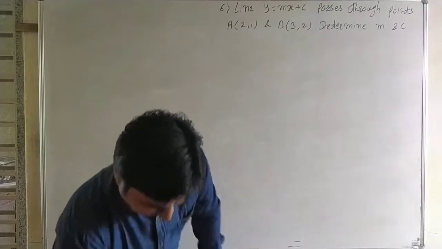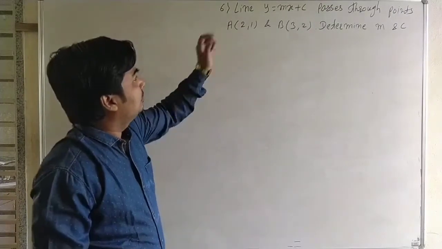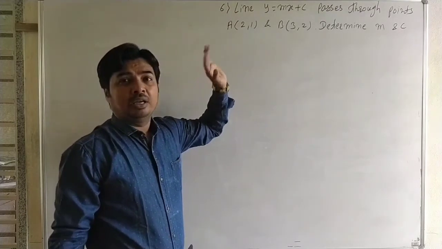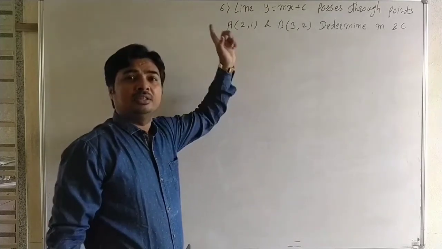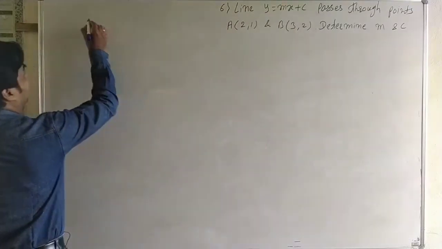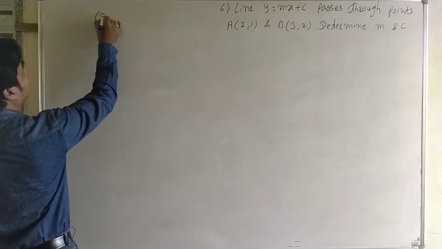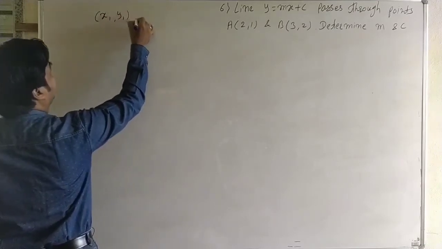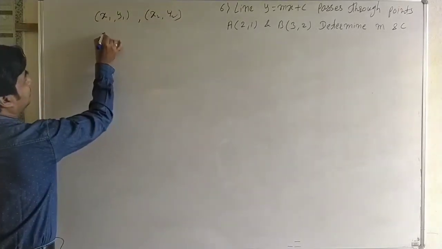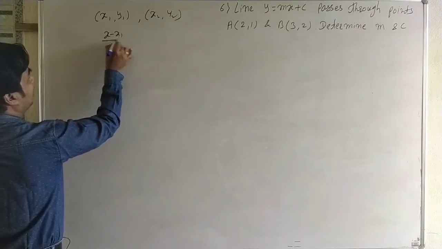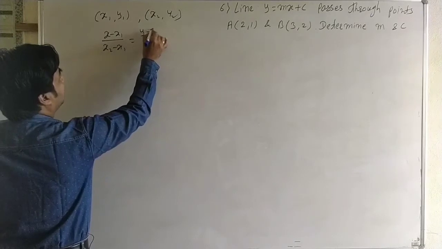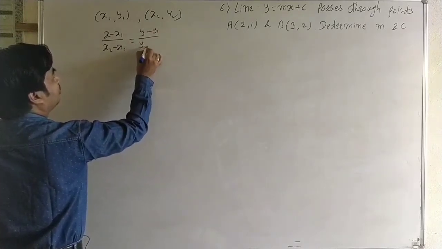Now here we want to find the equation of line passing through 2 points. It is A and B, and then this line can be written in the y-intercept form, and then we write the m and c. Here we know that the equation of line passing through 2 points x1, y1 and x2, y2 is (x minus x1) upon (x2 minus x1) equal to (y minus y1) upon (y2 minus y1).